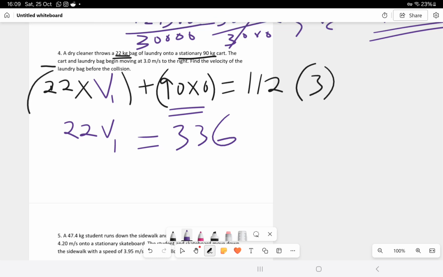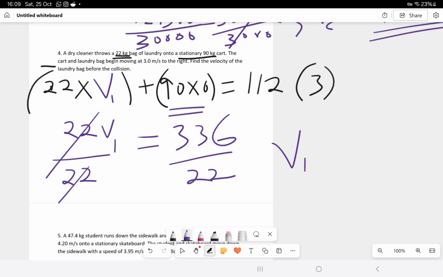Now I need V1, so divide by 22, and you get 15.27 meters per second.